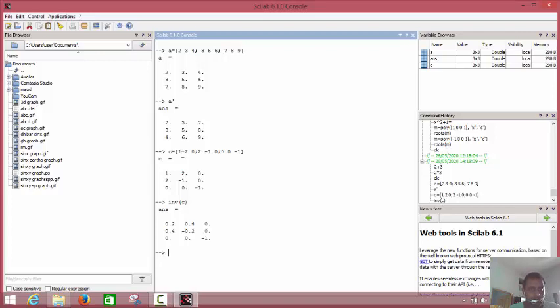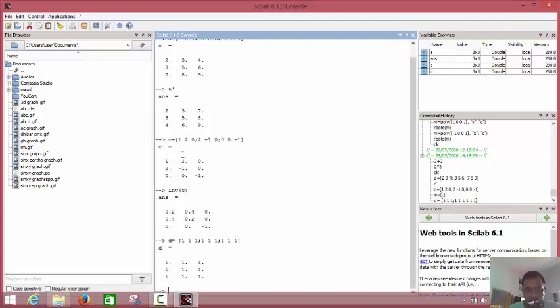We can get the eigenvalues of a matrix and the eigenvectors also. Consider a simple matrix D: 1 1 1, 1 1 1, 1 1 1, and this will look like this.